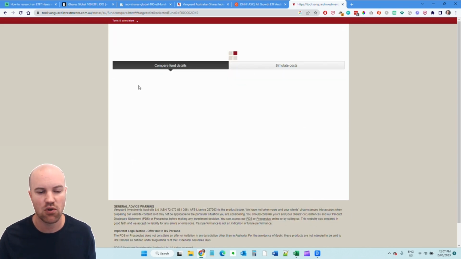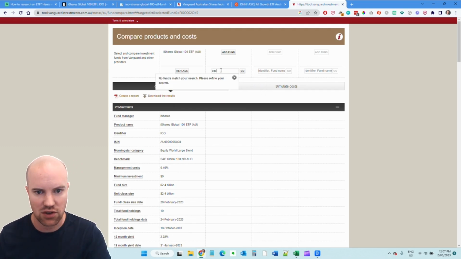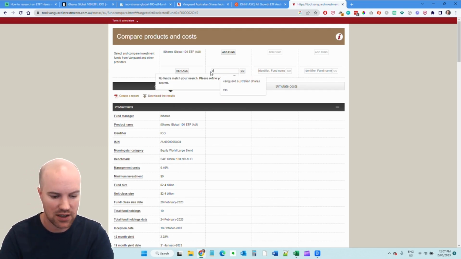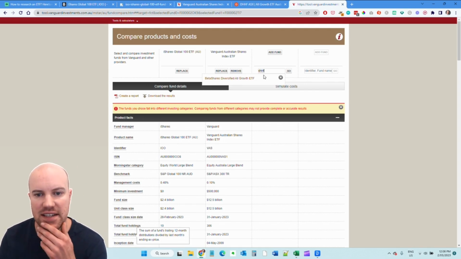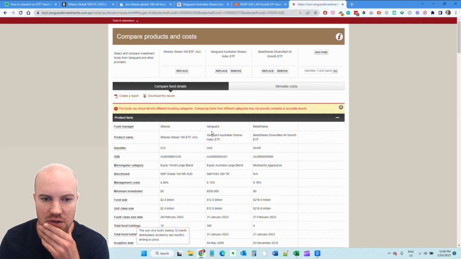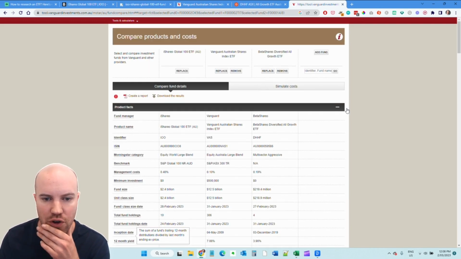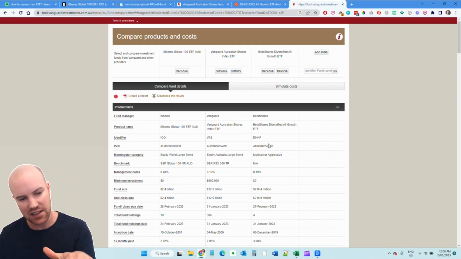So it cuts out all the marketing and all the information that you're trying to scroll through on the previous page. So what I'm going to do is type in the 3 ETFs of the product pages that I just looked through, and have this tool load them all. So rather than scroll through the individual product pages, I can just come here and find all the key pieces of information side by side in the same format.